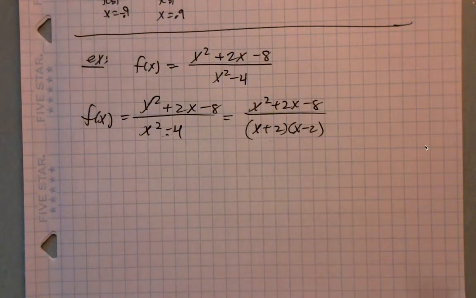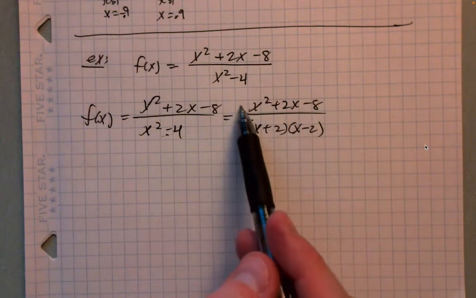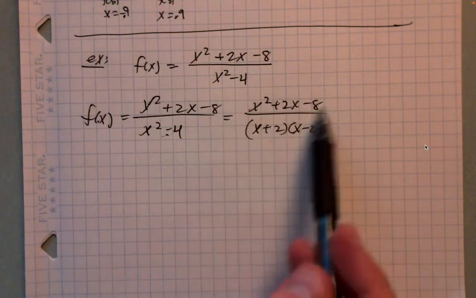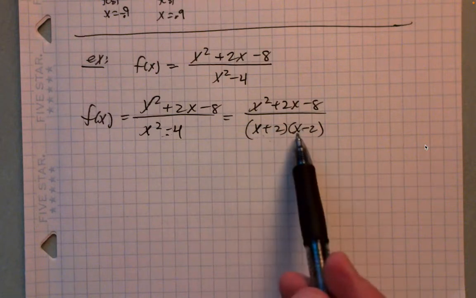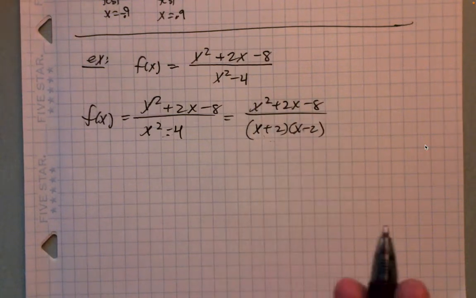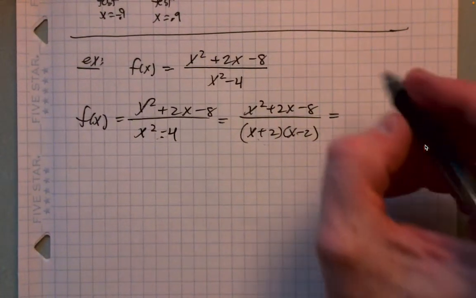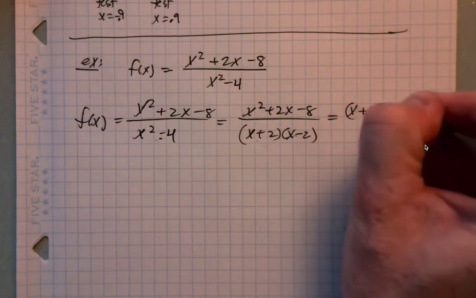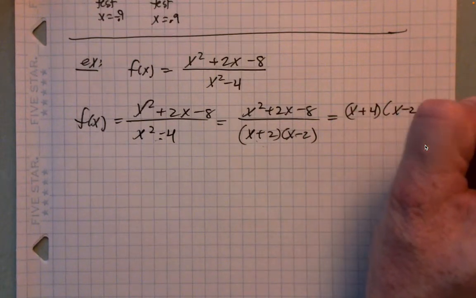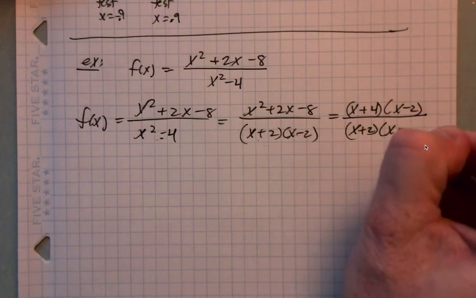But now, to really strictly and thoroughly apply the previous theorem that we saw, we have to make sure that the numerator isn't 0 at -2 or +2, right? The denominator certainly is. We have to make sure the numerator isn't as well. And another way to say that is we have to factor the numerator if we can, right? And in this case, you can. This factors down nicely into x plus 4, x minus 2. And then, of course, on the bottom, you've got x plus 2, x minus 2.